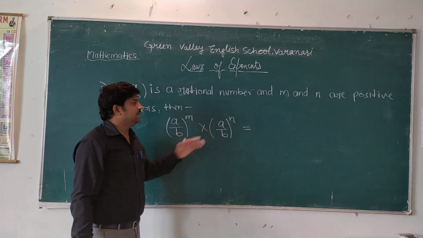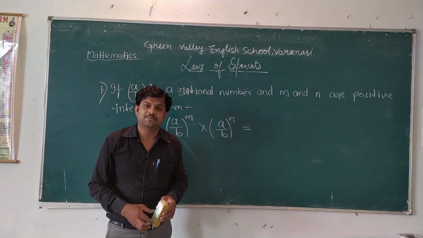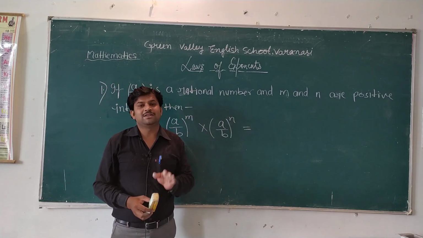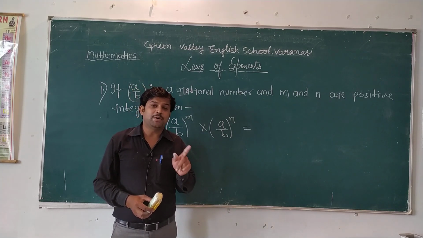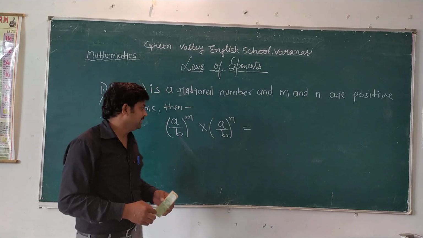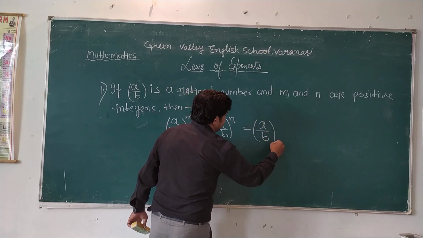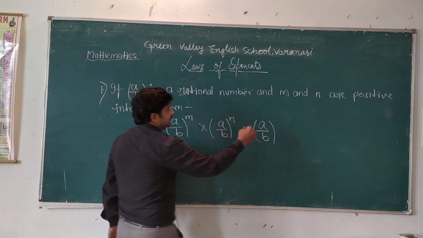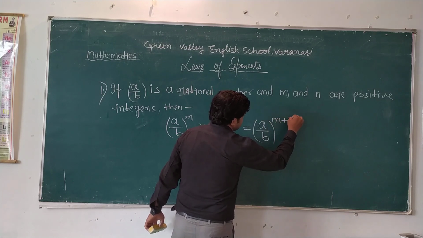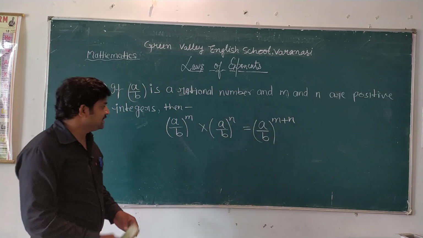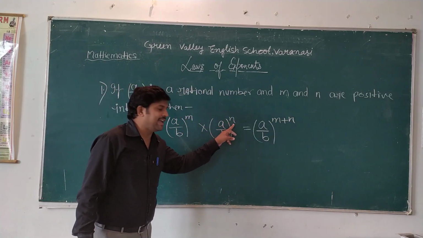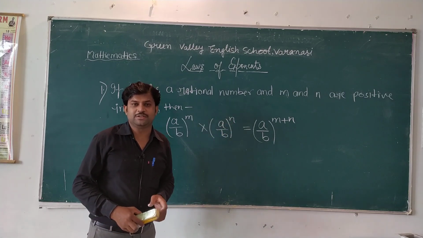Our rule is, when the bases are the same and the powers are different, then the powers are added. We write the same base and the powers are added, m plus n. The condition is that m and n both are positive integers.